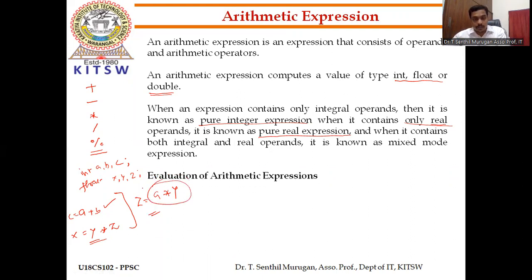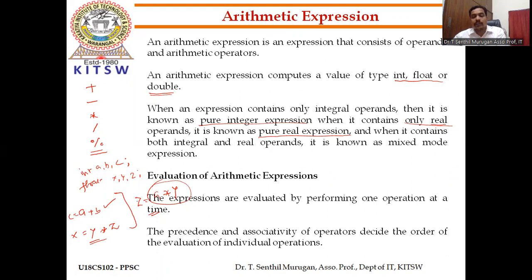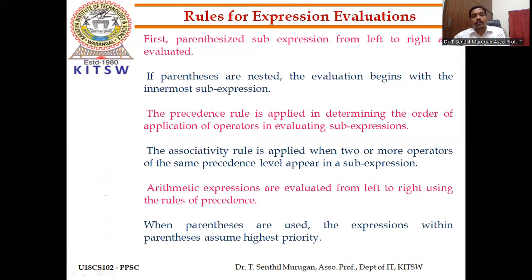How do we evaluate arithmetic expressions? We must check precedence and associativity. Remember this: first, parentheses. Wherever parentheses are there, they are considered sub expressions. We have to evaluate from left to right. These are the rules for evaluating expressions.